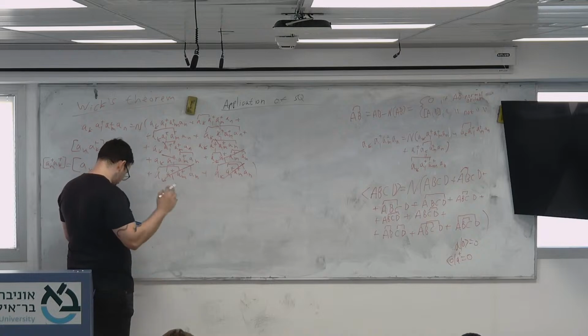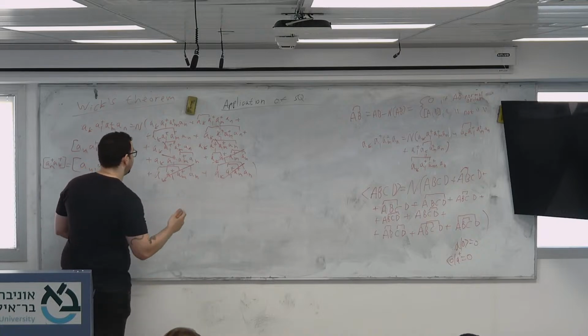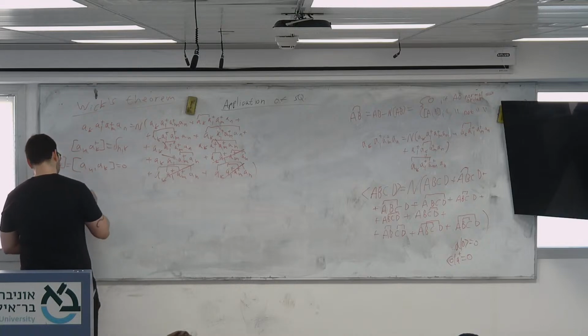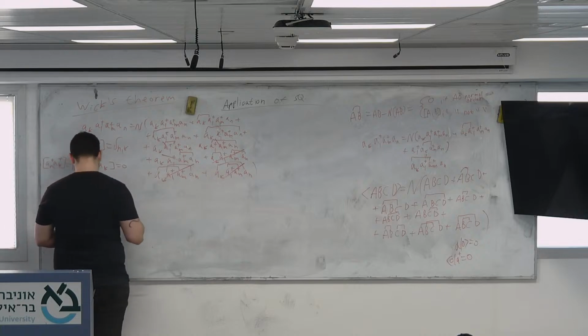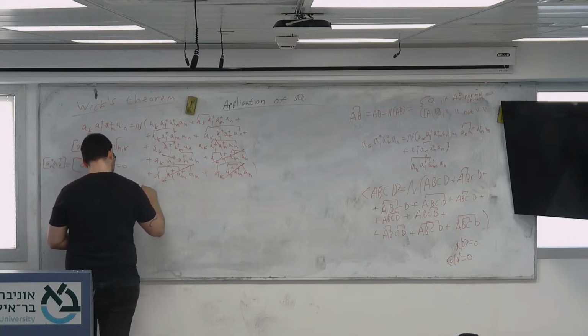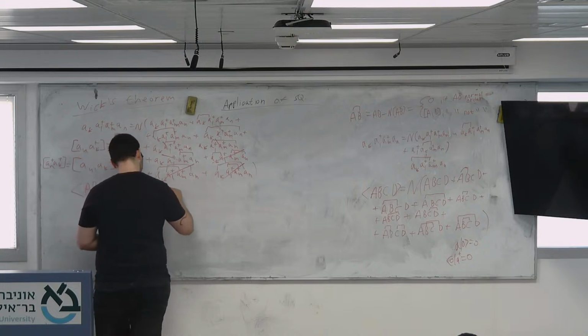So finally, the application of Wick's theorem states that if we have a set of operators, for example A, B, C, and D, this will be equal to a sum over fully contracted terms.